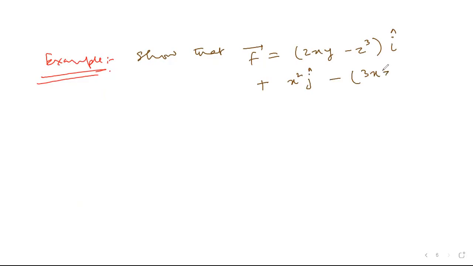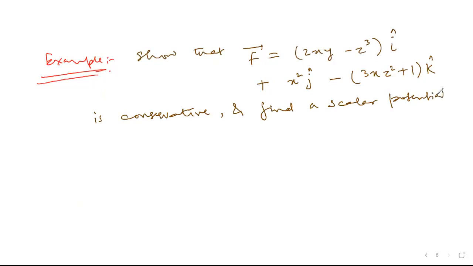Example says, show that F equal 2xy minus z cube i cap plus x square j cap minus 3x z square plus 1 k cap is conservative, and find a scalar potential phi such that F is equal to minus gradient of phi.